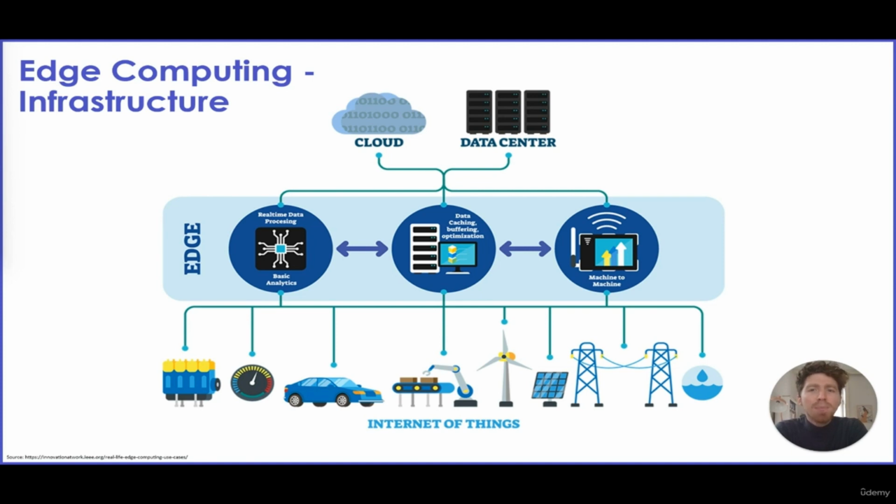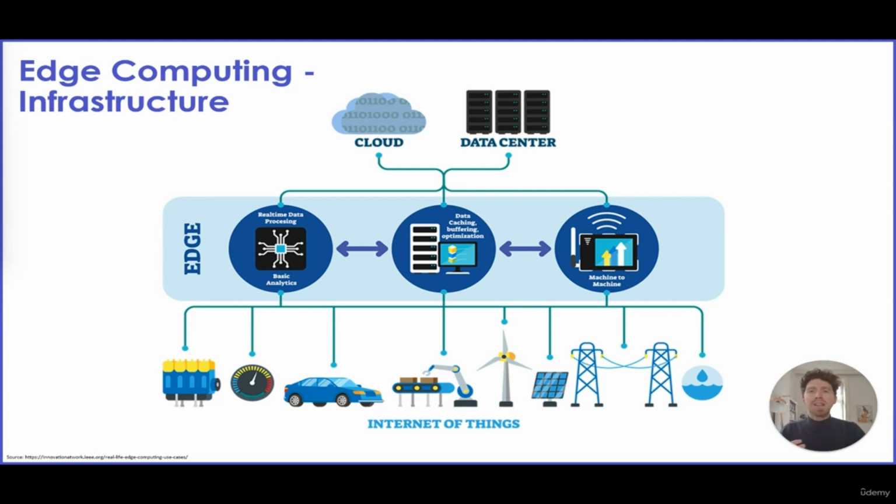And then on the top, you have the cloud or on-premise data centers. Let's start at the bottom. Here you have different devices which are all producing a lot of data. These can be heating systems, self-driving cars, robots, wind turbines, the grid, or many other measurement instruments.